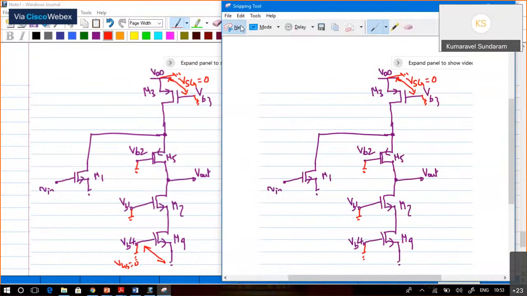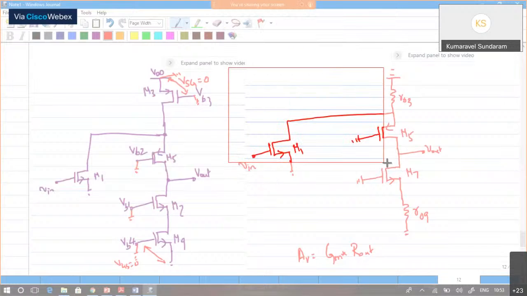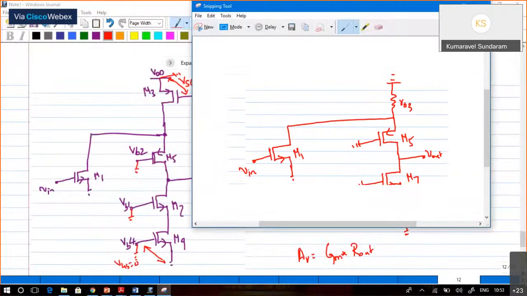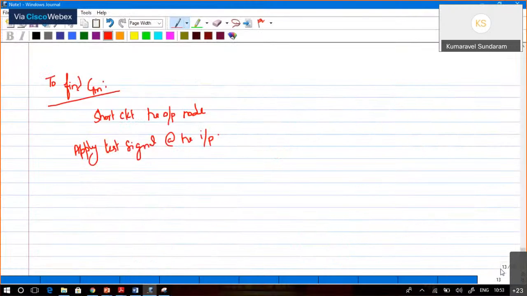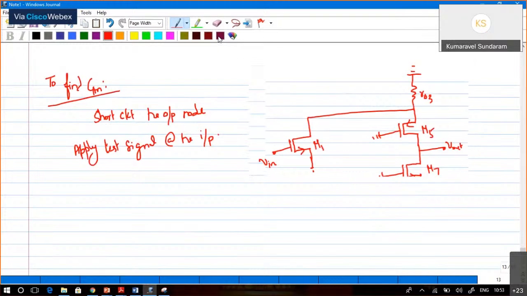So let's short this output node. Okay, so I out is a current.